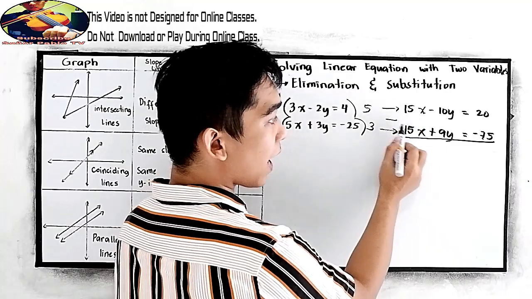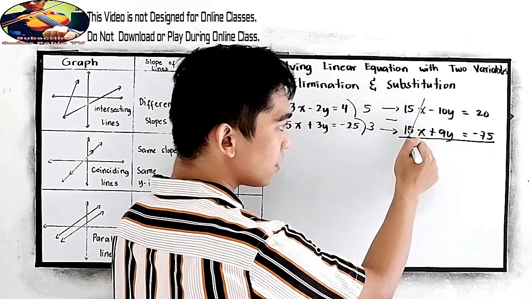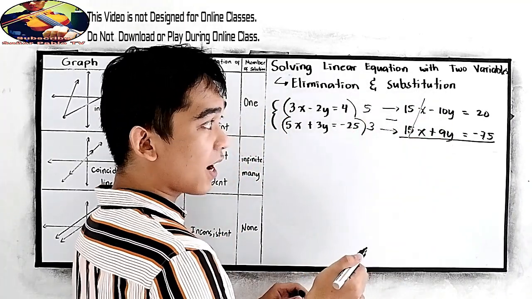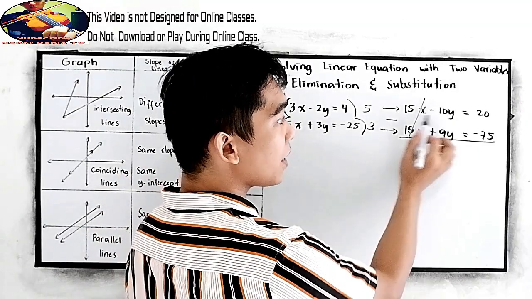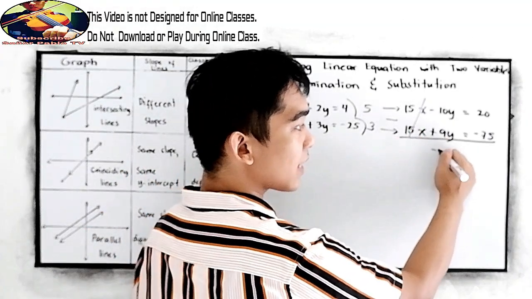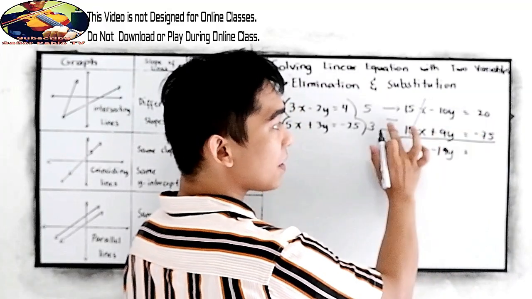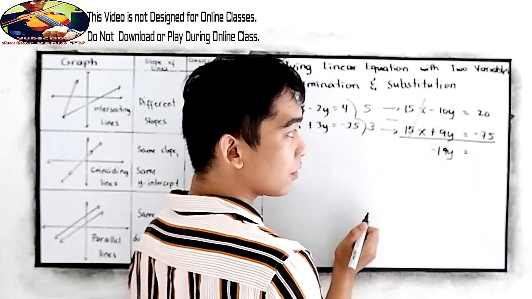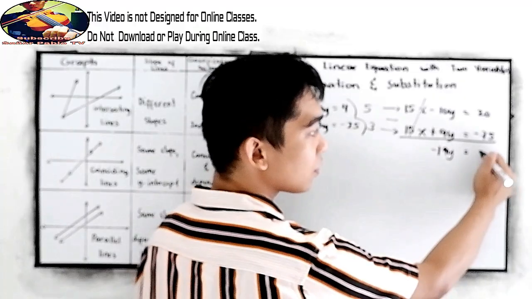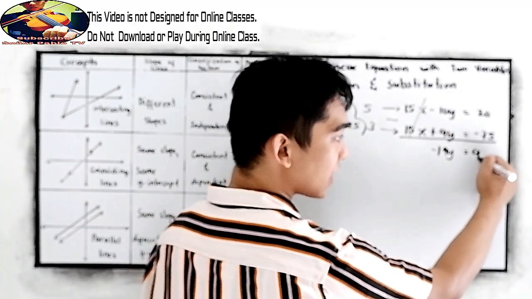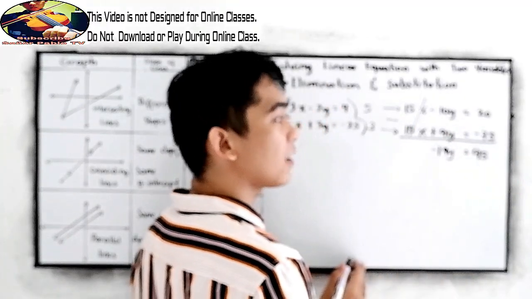So 15x minus 15x will be 0, or we can just cancel out. Negative 10y minus 9y, that is negative 19y, is equal to 20 minus negative 75. So that will be 95. Positive 95.